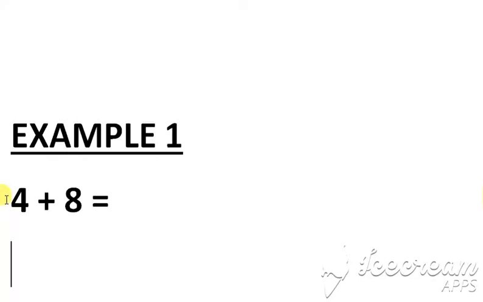If there's nothing before the number, that means that number is a positive number. So this 4 is positive. Meanwhile, this 8 is also positive because before 8 there is a plus sign which signifies 8 is a what? Positive number. Is that okay? So of course 4 plus 8 is what? It's just 12. This is easy.